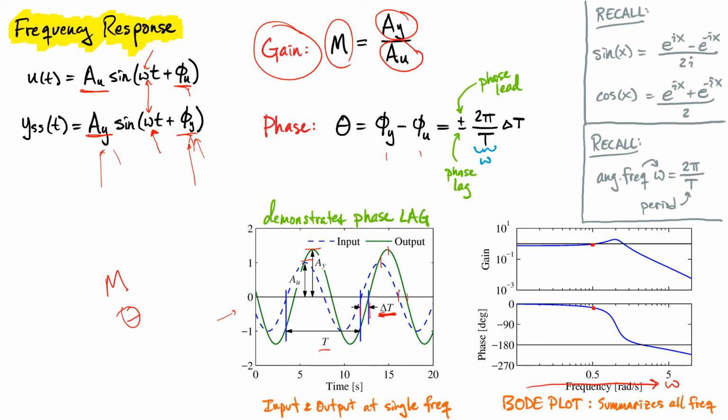So we'll be looking at how to read a plot that looks like this, which is called a Bode plot, which summarizes all frequencies, where each particular phase lead or phase lag and each particular magnitude gets plotted as a single point on this curve. Our goal will be to read these and construct these from transfer functions, so that we become more versatile at understanding how the frequency response is captured and quantified for these different systems.